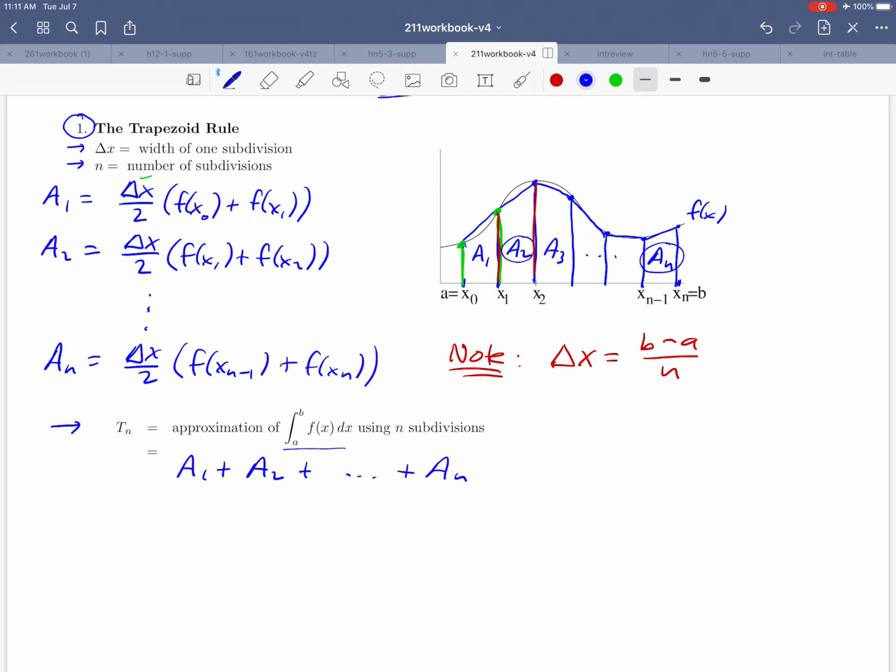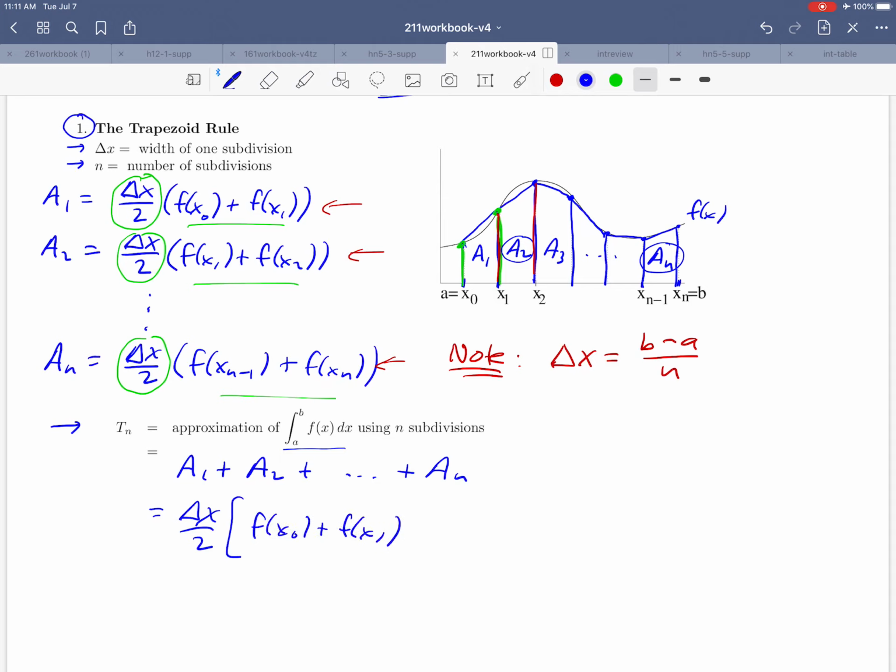Okay, and now we're going to need to do a little algebra. We actually have to add up all of these formulas one by one. And one thing you might notice is that with all of those formulas, there's a delta x over 2 in front of everything. So I'd like to factor that delta x over 2 out, and then multiply it by the sum of all of the pieces inside. So we're going to take f of x0 plus f of x1.